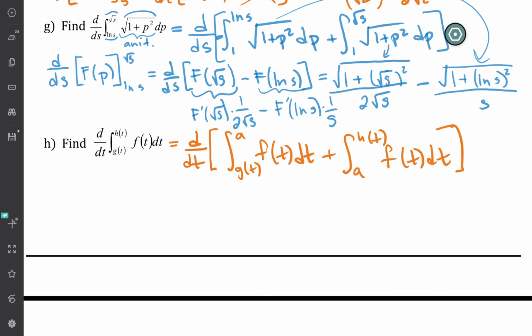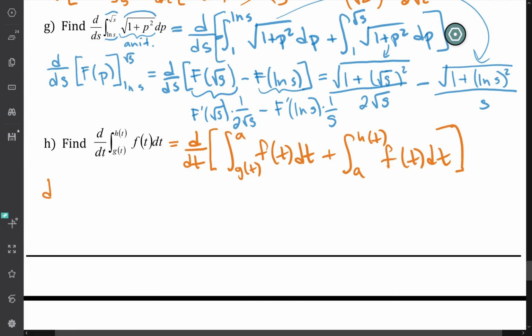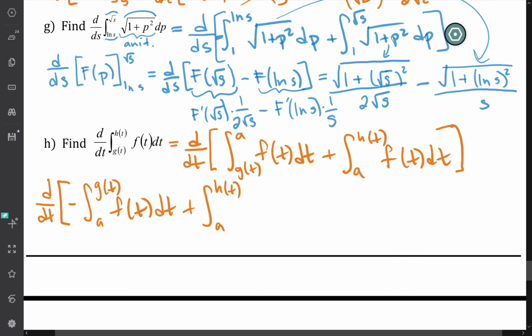This is pretty good, except g of t to a is in the wrong order, so we could switch it back. And we could say that's negative integral from a to g of t of f plus the integral from a to h of t, little f.